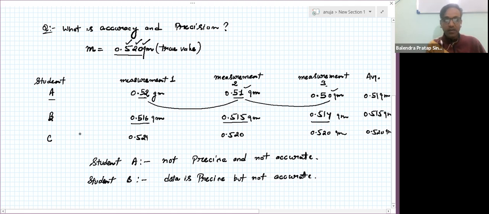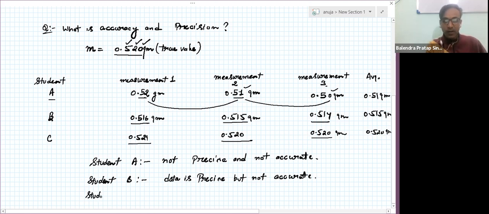Now the last, student C. In his first measurement he got the value 0.521, which is very close to 0.520. In his next measurement he got 0.520, which exactly matches our true value. In his third measurement he got 0.520 again. So the average is 0.520. The data of student C is precise as well as accurate.